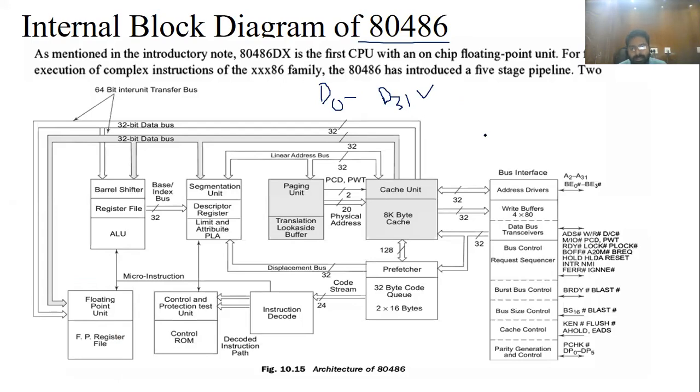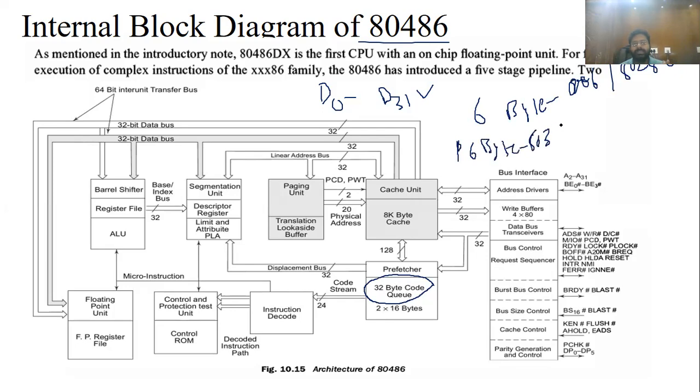Okay, what is the instruction code queue? It has a 32-byte code queue. The 80286 microprocessor has only 6 bytes, as does the 8086. The 80386 has a 16-byte queue, but this one has a 32-byte instruction queue.